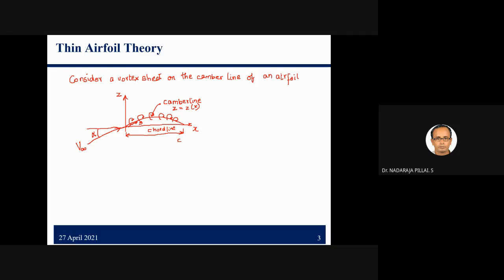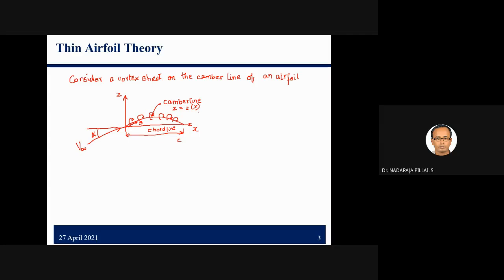So here the x-axis is along the chord line, and the z-axis is perpendicular to the chord line, right? And the distance measured along the chord is denoted by S. You see the distance from here is S. And the shape of the camber line is given as Z equal to Z of X.